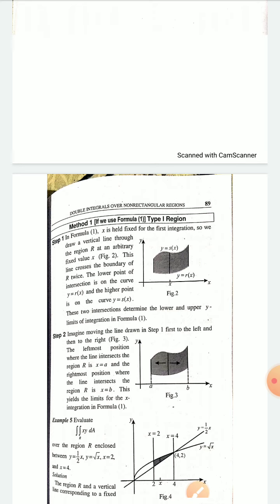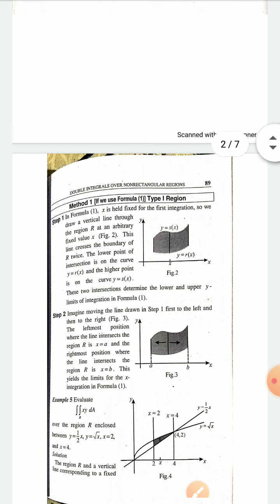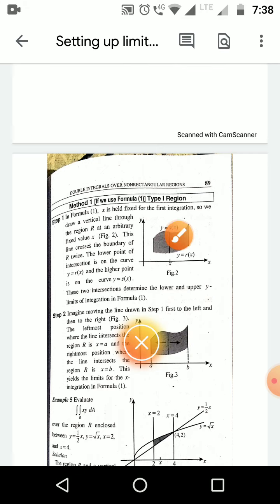So x is held fixed, and we draw a vertical line through the region R. Since x is fixed, on a vertical line through the region R, x is always fixed. So in the first formula, we are keeping x fixed, and first we plot a vertical line.